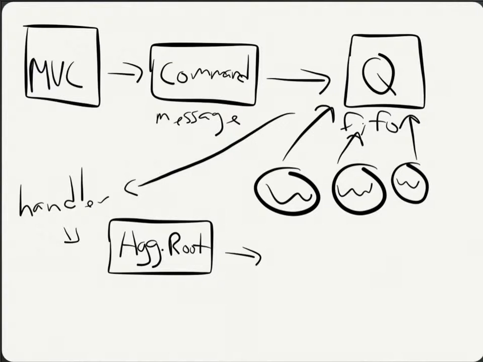I'm going to draw this. It's going to invoke that aggregate root, something like, imagine it's post order or change name or something. Something's going to happen. Basically the command turns into an invocation on the aggregate root.